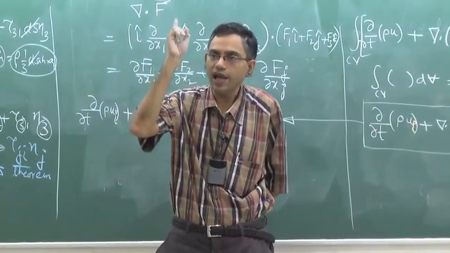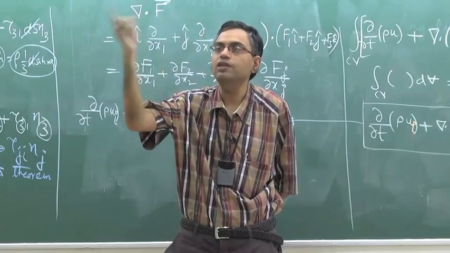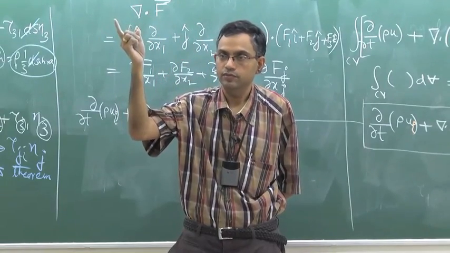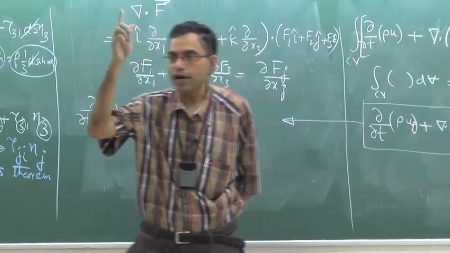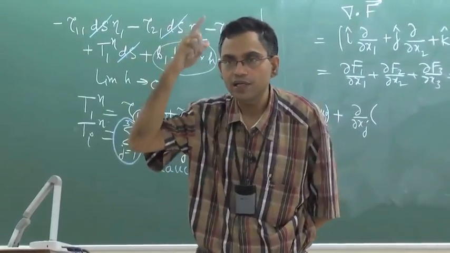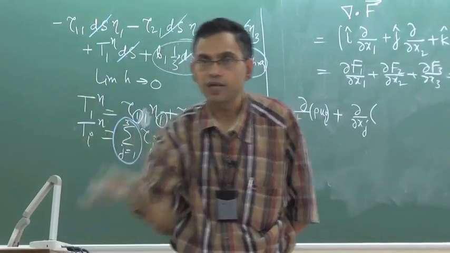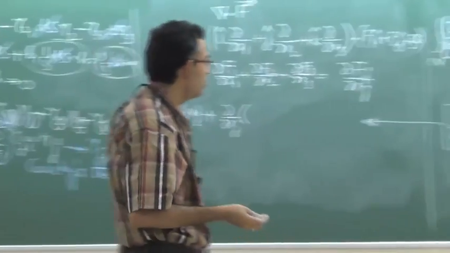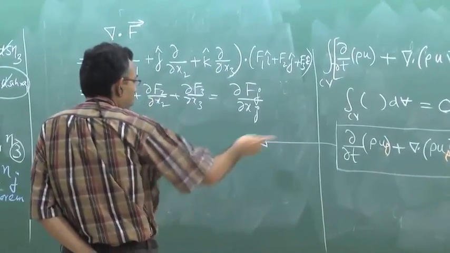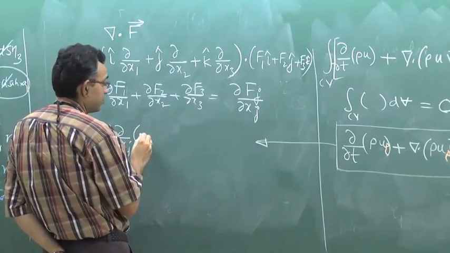Instead of the x component, if we are interested in the ith component, just replace 1 with i, that is all. If the index 1 was representing the x component, and you are interested in the ith component, replace the index 1 with i, that will give you the ith component. So now we are using this definition of divergence.